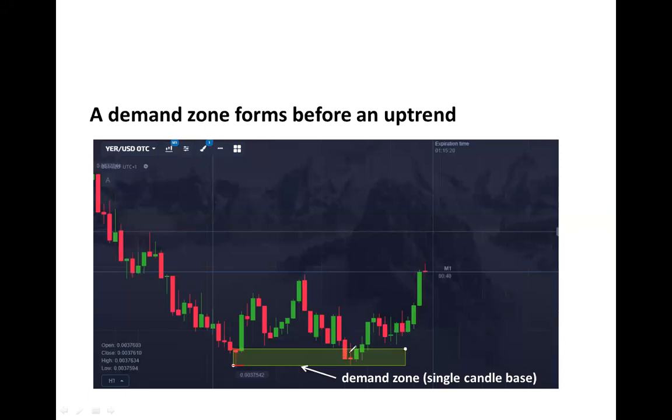What happens next? Sellers enter on the next candle, a very weak candle with a rejection, still inside the zone. Then the next candle was green. With 5 minutes, the market still went up, but I prefer you trade the 1 minute expiry time.